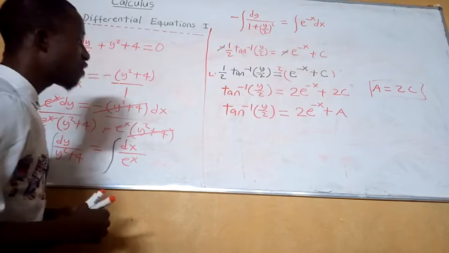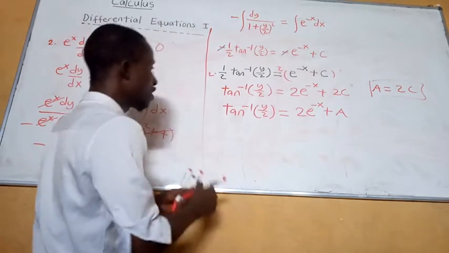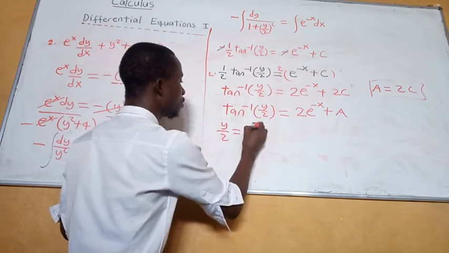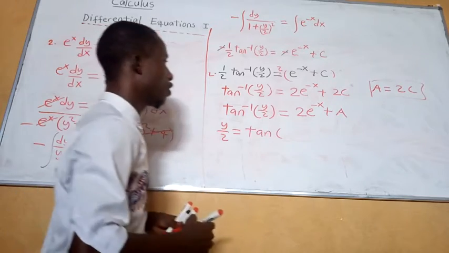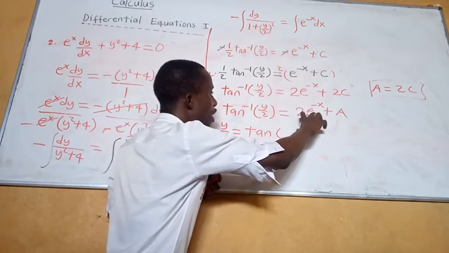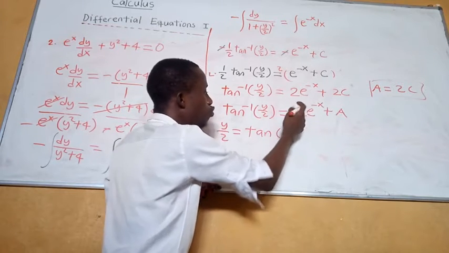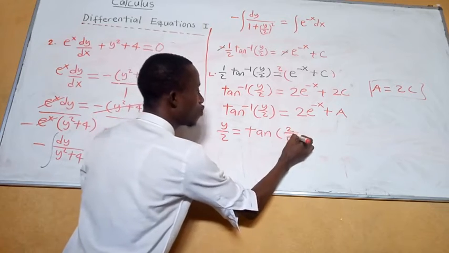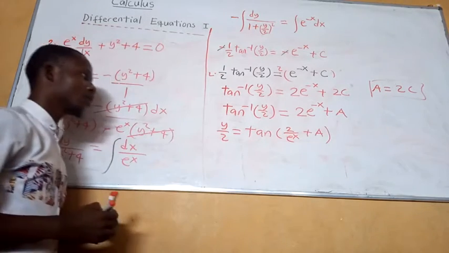Now, to simplify this problem, we know that tangent inverse of y over 2 is the same as y over 2 equal to tangent of, now, e to the minus x is the same as 1 over e to the x. So 1 times 2 gives us 2 over e to the x plus a.